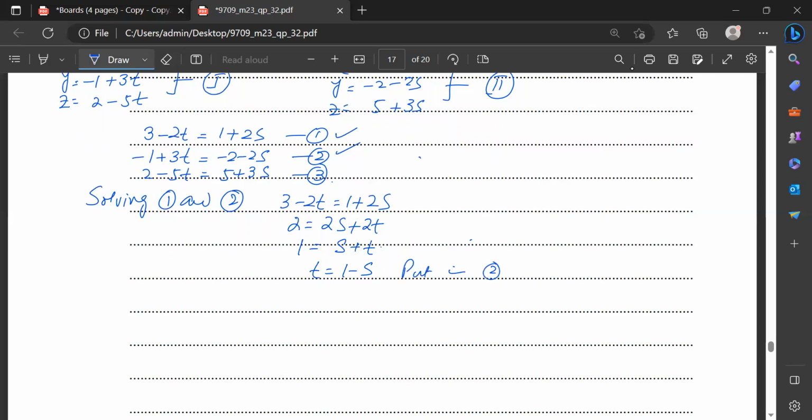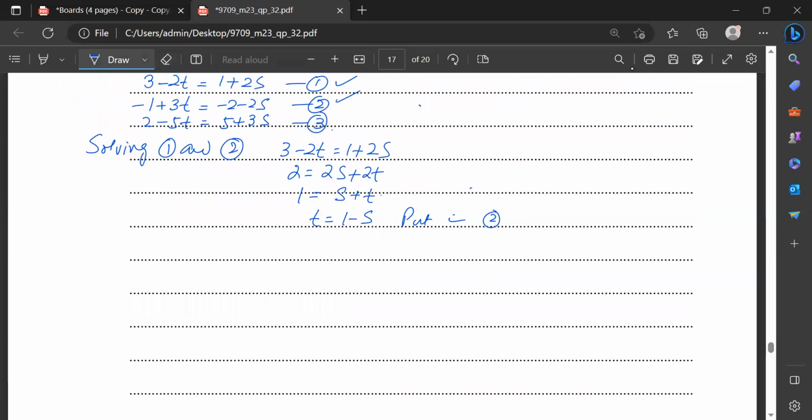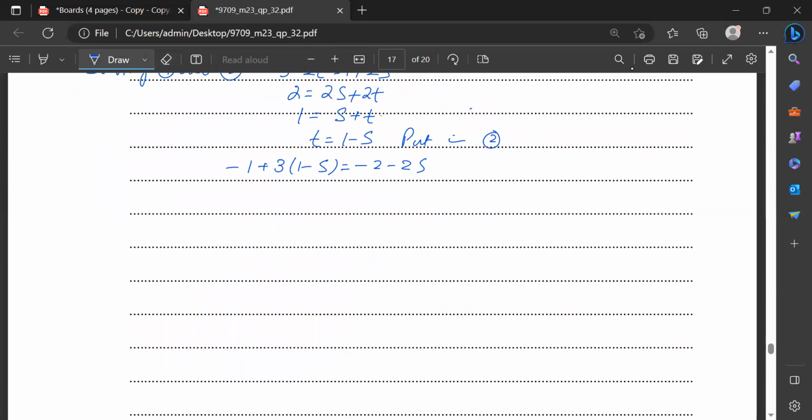Number 2 is minus 1 plus 3 into 1 minus s is equal to minus 2 minus 2s. Simplify. Minus 1 plus 3 minus 3s is equal to minus 2 minus 2s. 2 minus 3s is equal to minus 2 minus 2s.